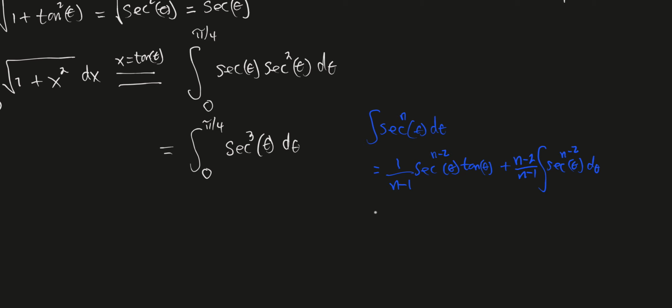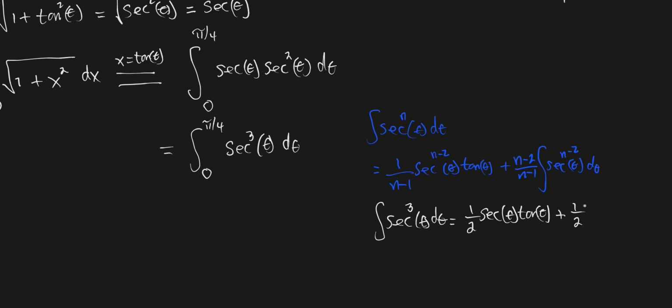So the antiderivative of secant cubed is going to be 1 over 2 secant theta tangent theta, and then plus 1 over 2 again.